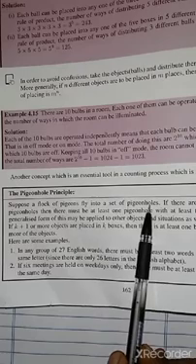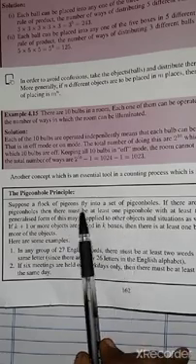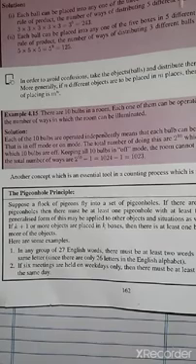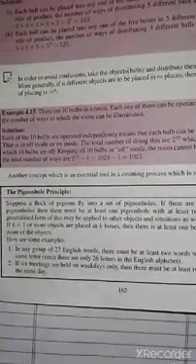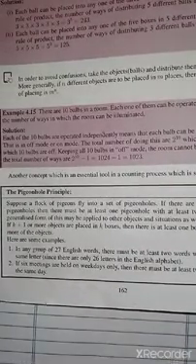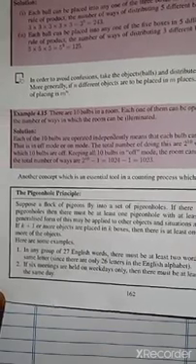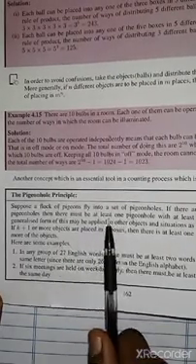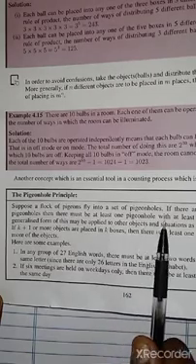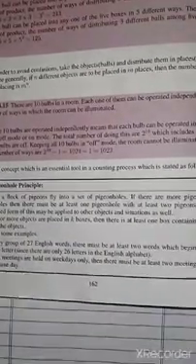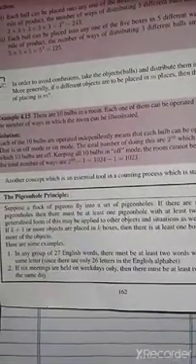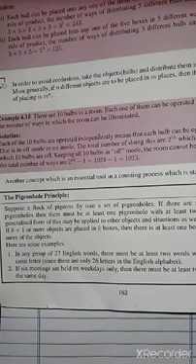If there are more pigeons than pigeonholes, so pigeons are more but pigeonholes are fewer, then there must be at least one pigeonhole with at least two pigeons in it, correct? So there are many pigeons and few pigeonholes, so maybe one pigeonhole will have two pigeons. This is the pigeonhole principle.